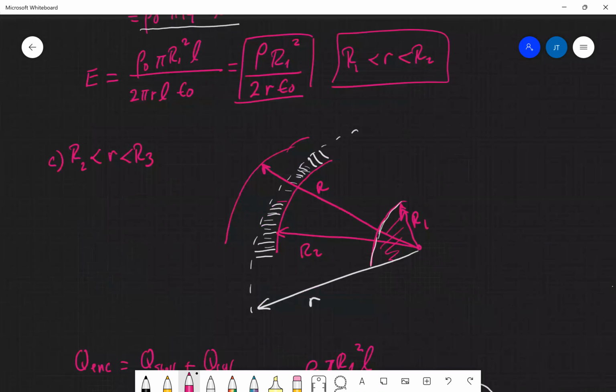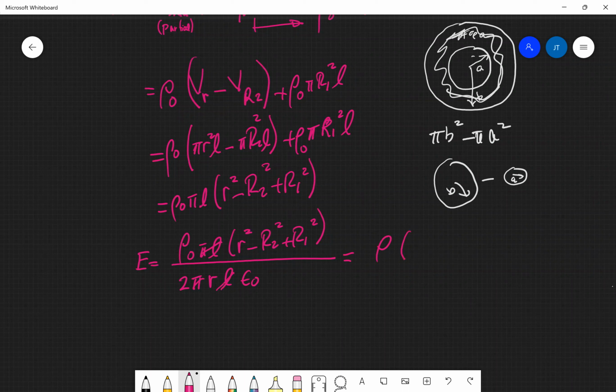Pi L cancel out, and I'm left with rho 0 times (r squared plus R1 squared minus R2 squared) over 2 r epsilon naught. And there it is. And this is, again, for my little r between R2 and R3.